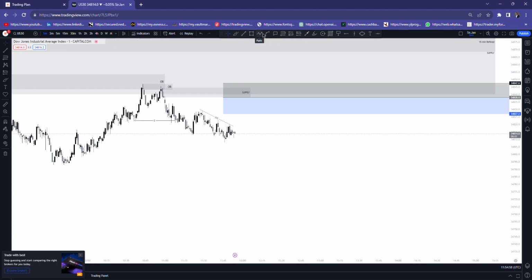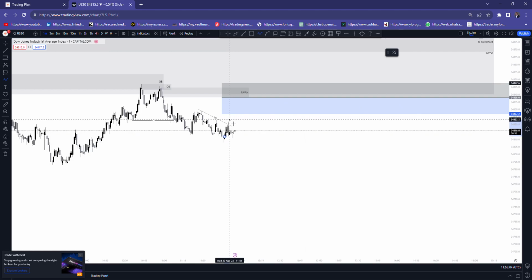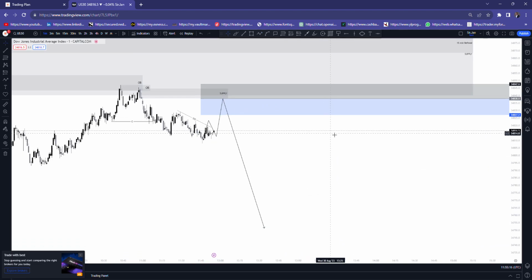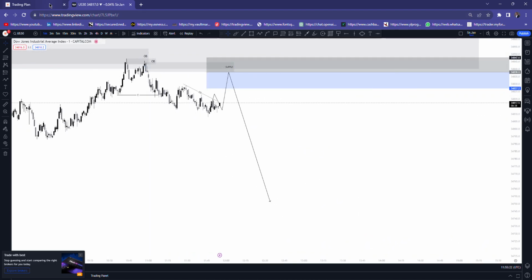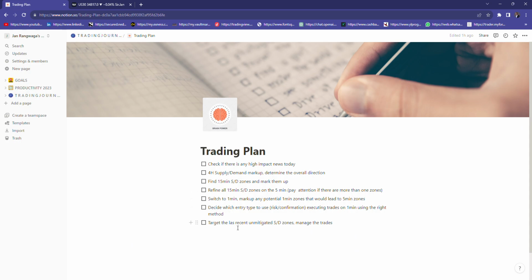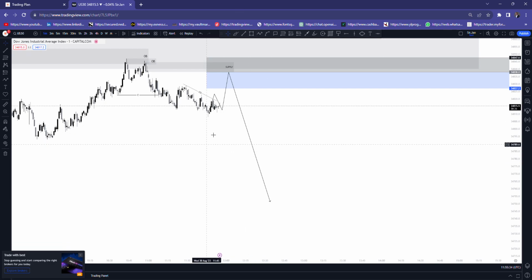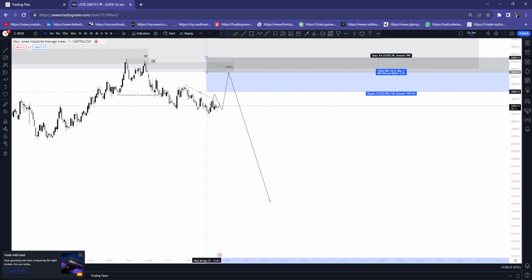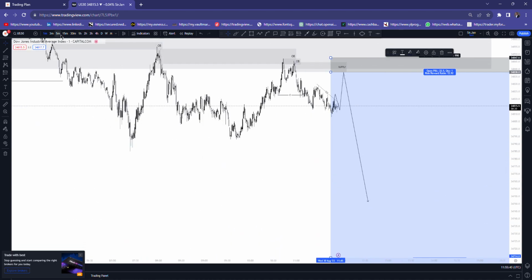Ideally, we're expecting the market to give us a break, pushback, touch, then a push to the downside. Okay, so yeah, let's go to the trading plan. Target the last, okay, this is the last recent unmitigated supply zone or demand zone, manage the trades. So in this case, this is what we're expecting.